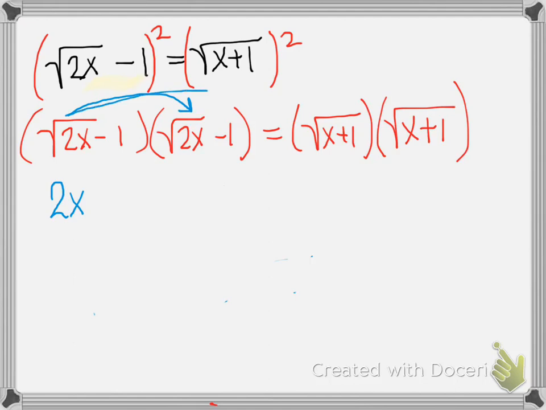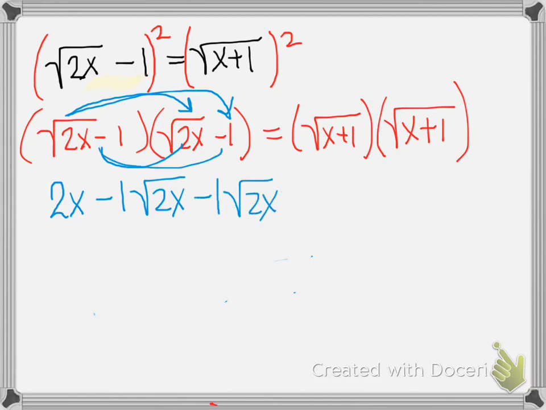And then I have 2x times negative 1, and that's just going to give me negative 1 square root 2x. And now I'm going to do the negative 1 through. So I have this one, and that's going to give me another negative 1 square root 2x. Should have wrote this smaller, and that's going to give me plus 1.